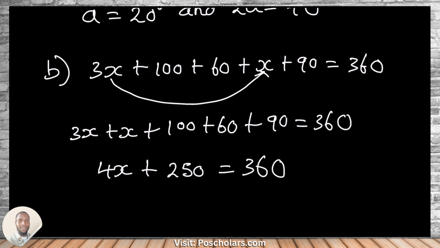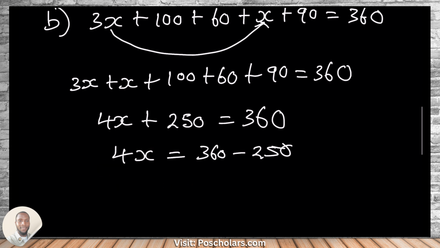Now, what's the mission? We are asked to find the unknown, and here the unknown is letter x. To find the value of x, we subtract 250 from both sides. When you do that, you are left with 4x on the left hand side and 360 minus 250 on the right hand side, because the 250 gets eliminated from the left and is reflected on the right.